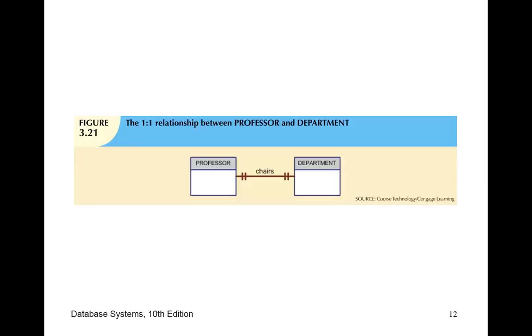Okay, if we talk about professor, one and only one professor chairs one and only one department. Makes sense. It's a one-to-one relationship. What are our understandings in this? What would our business rule be? No co-chairs, and what else?